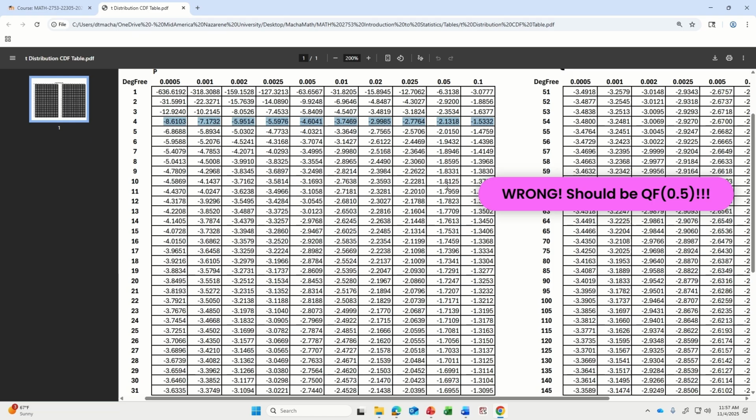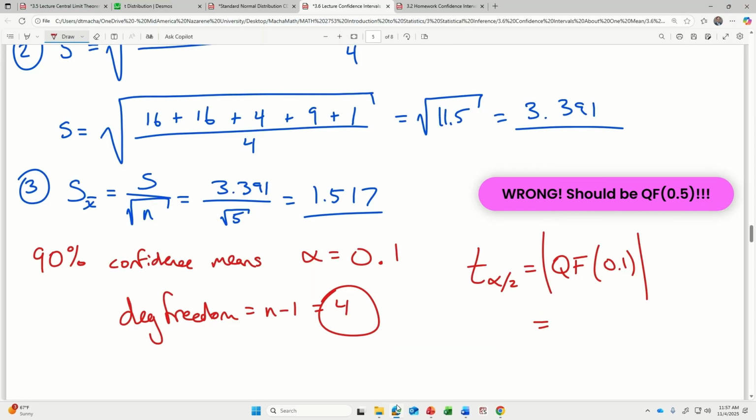My number is negative 1.5332. But I'm taking the absolute value, so I should just call it 1.5332.